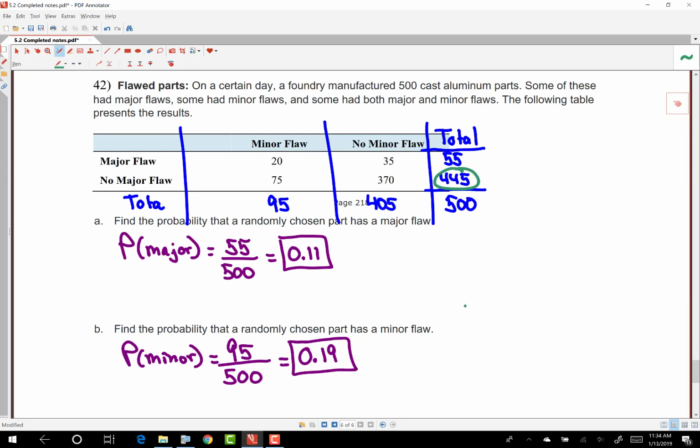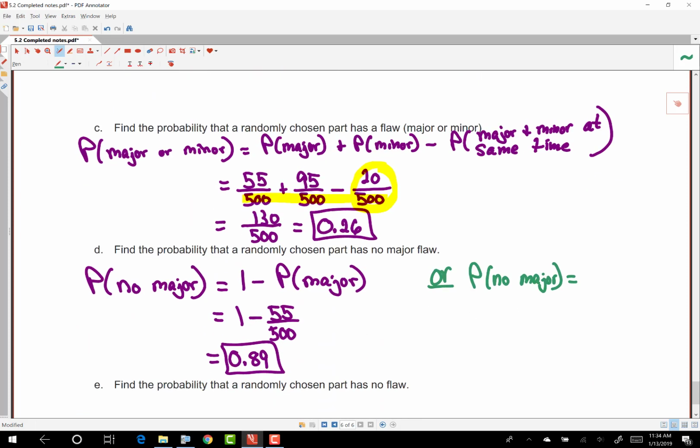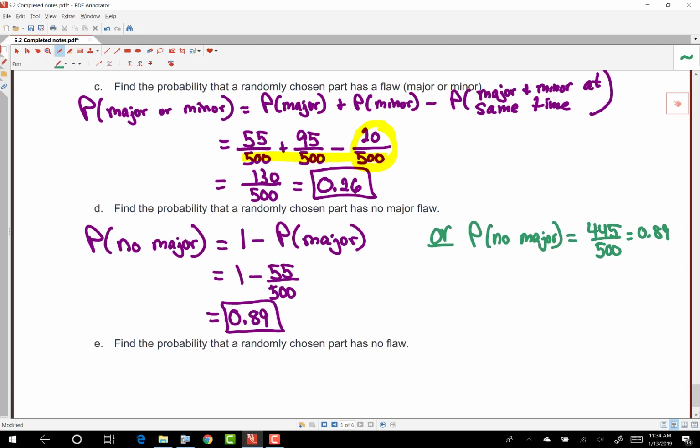I actually already did the counting there. So you could also just do 445 out of 500. And if you do that division, you'll see you get the same answer. So either way is fine. Like I said, there will be instances later where it's way, way easier to use the rule of complements than to do it directly. But this isn't one of them.